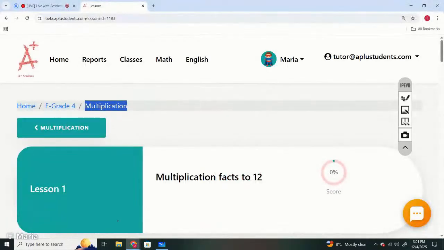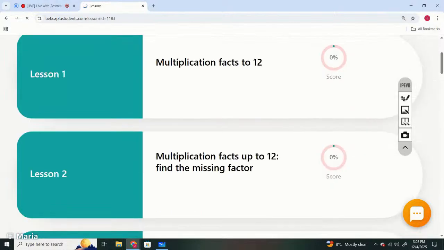Here I'm on grade 4 math. The chapter we're on right now is multiplication. Let's start with the lesson that is multiplication facts to 12.